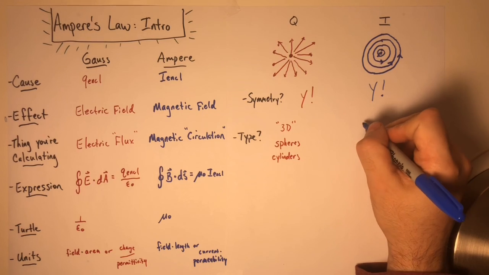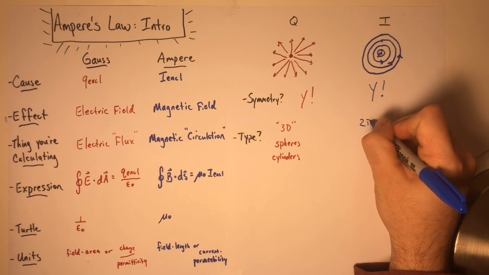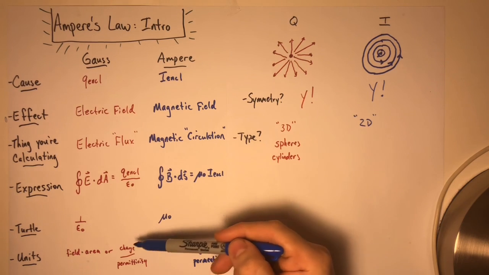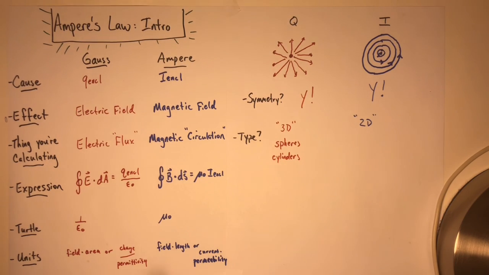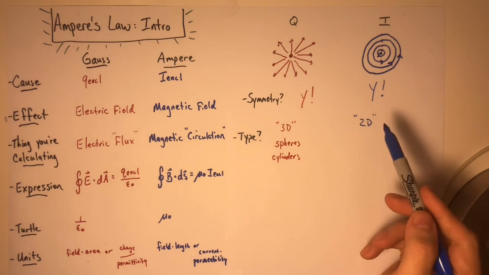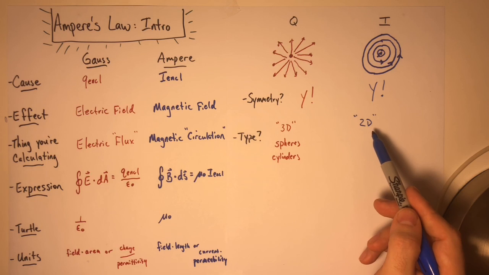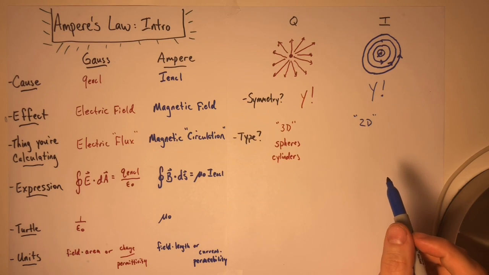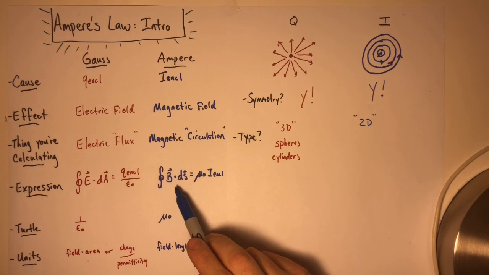In Ampere's law, by contrast, because we've sort of gotten a reduction of dimension with these expressions, here field multiplied by area goes to field multiplied by length, there is a similar sort of reduction in dimension that you'll see for the so-called Amperian loops that we choose that will go into this expression.